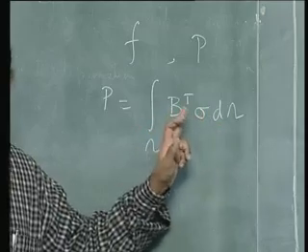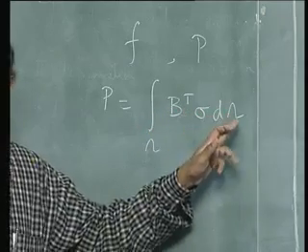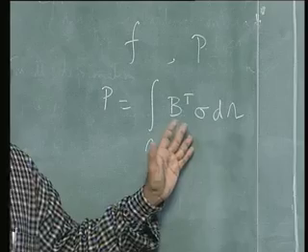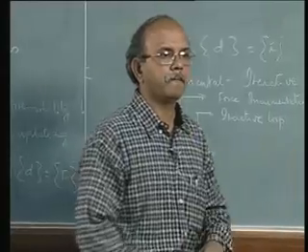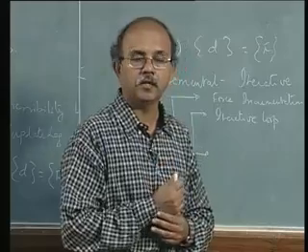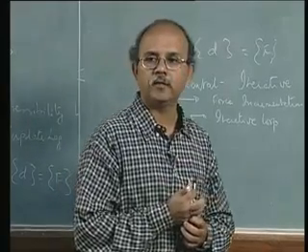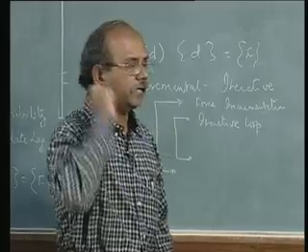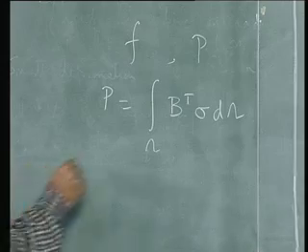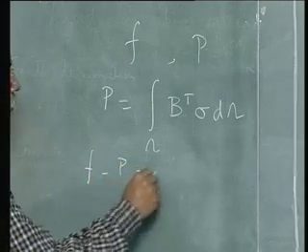So B transpose D B u is what we got, and that is how we obtained K. So B transpose sigma d omega is the original internal force that would be developed due to an external load F. So at any point of time, obviously F minus P should be equal to 0.